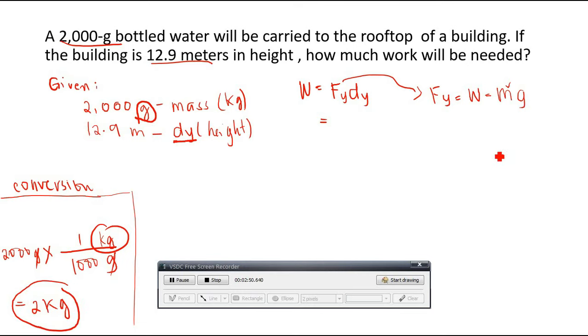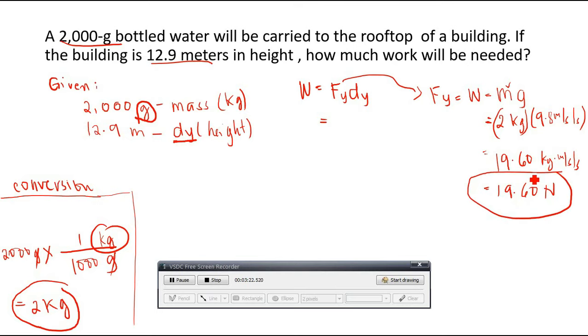So you can now solve for your weight here. Your mass will be 2 kilograms times your gravity, constant, 9.8 meters per second squared, and 2 times 9.8 will be 19.60 kilogram meters per second squared, or that is 19.60 Newtons. So this is your Fy, or your weight. Going back to work, you can now substitute your Fy with 19.60 Newtons because that's your weight.